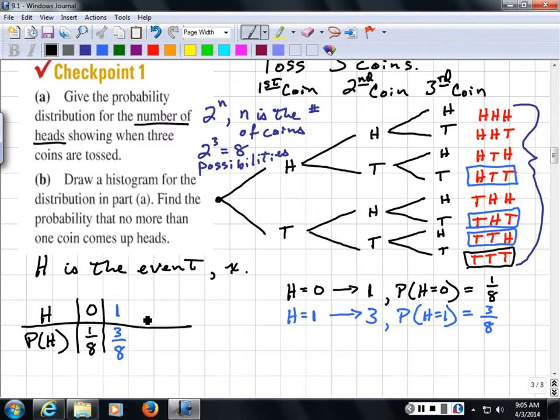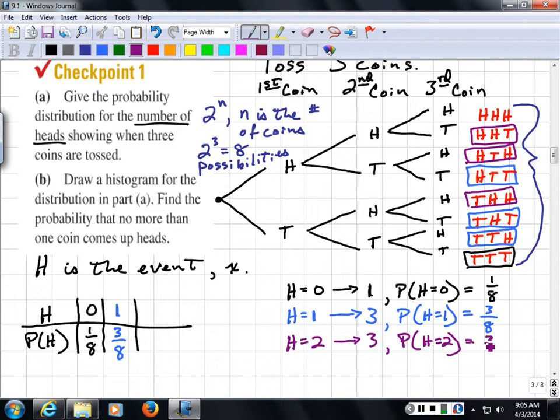So you just do this one. I do. So the next one is going to be H equals 2. How many of them have 2 heads showing? 1, 2, 3. It is exactly the same number. So for 2 heads showing, the probability is 3 out of 8.